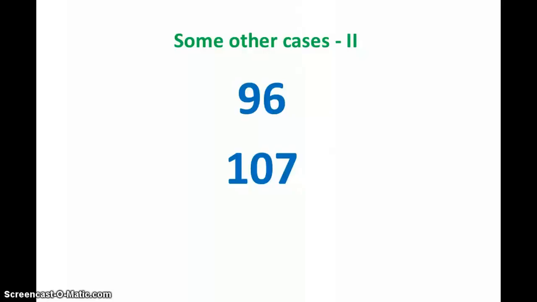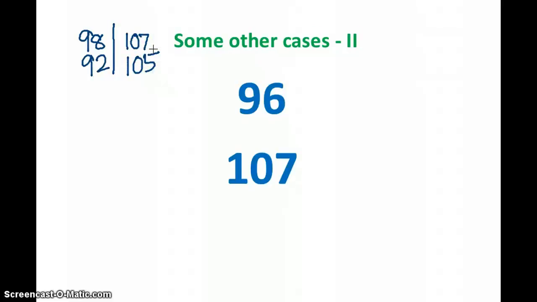Hello everyone. Now we are going to discuss one more case which is pending, as I told in the last lecture. If you have observed till now, what we have done is either the numbers are less than 100, let's say 98 and 92, or we are taking numbers like 107, 105, 112, which are more than 100.